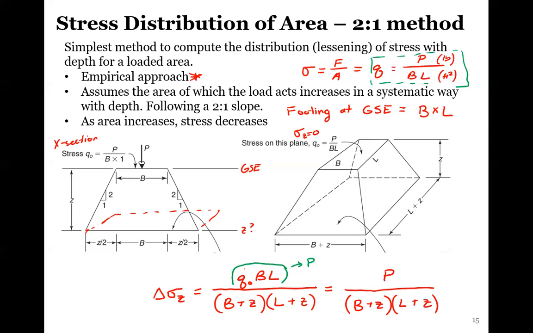So it's a very basic equation. It's not based off of all this philosophical math. Again, it's an empirical approach, which means it's based off of experimental data, but it fits with good enough certainty that it's easy to calculate and still gives us a good result.